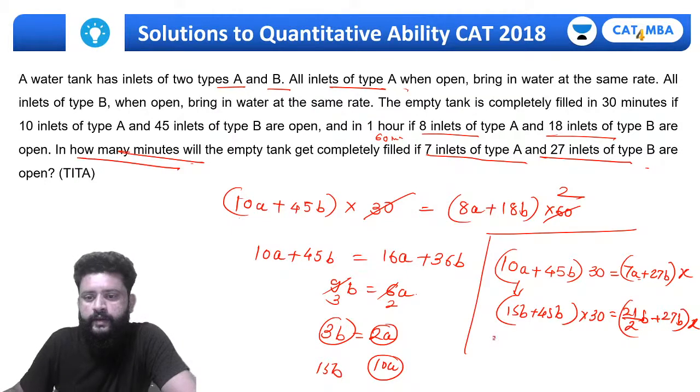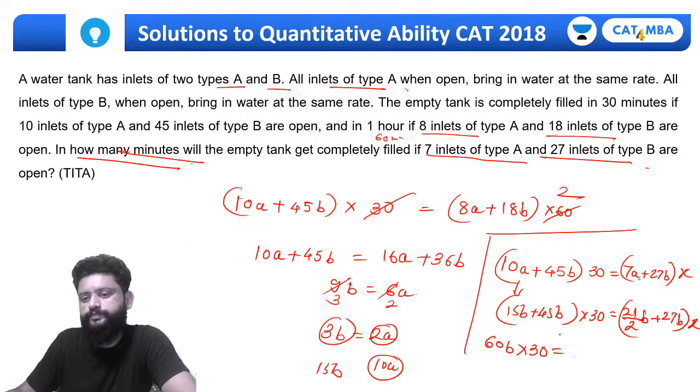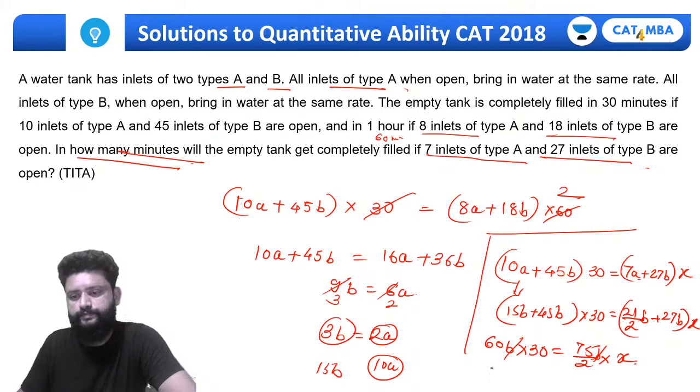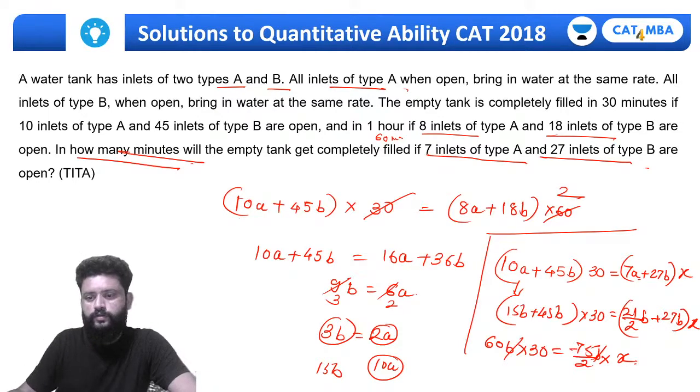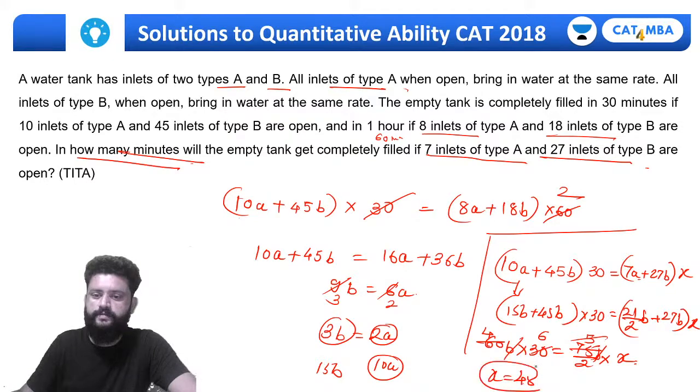Finally I can write 60B into 30 equal to X times (21 by 2 plus 27), that is 75 by 2. Anyways, B gets cancelled, and the answer for the question is X.